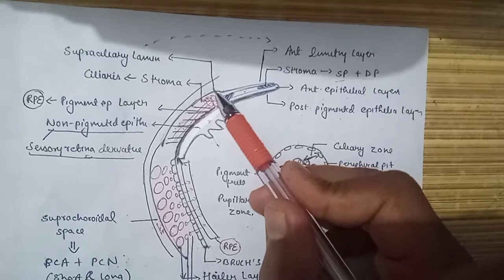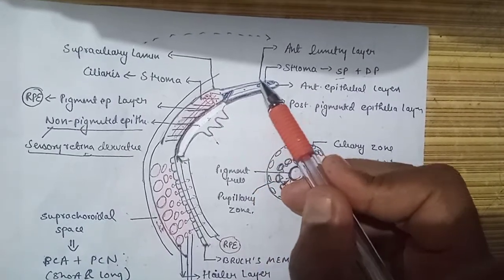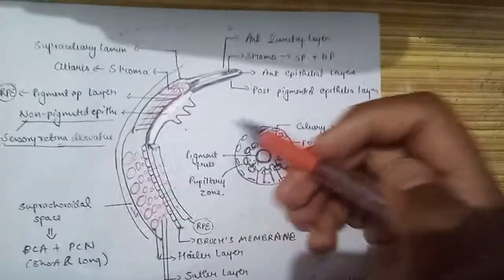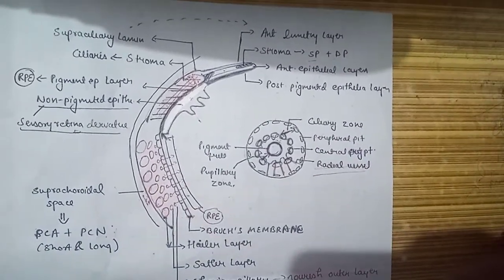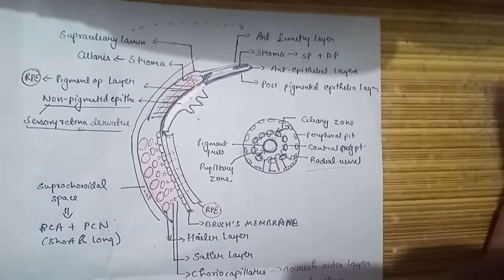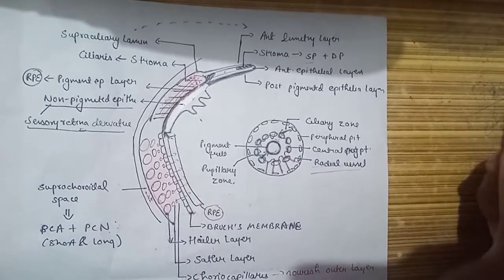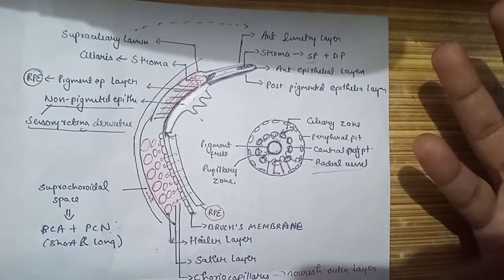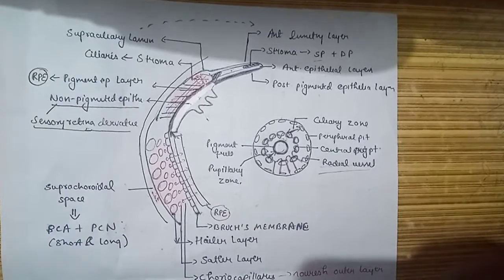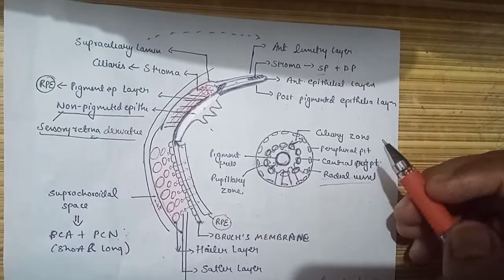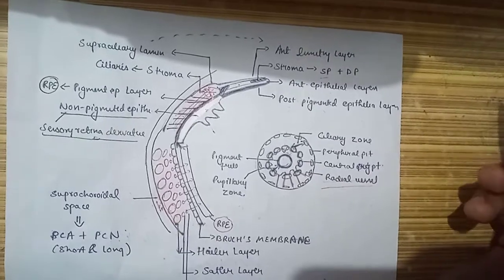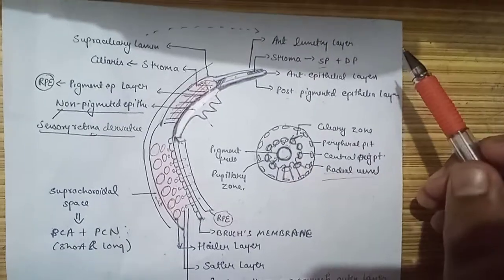The supraciliary lamina continues forward, forming the anterior limiting layer. Now this anterior limiting layer contains fibroblasts and pigment cells, and this decides the color of the iris. Meaning if this layer is thickened, it will result in a dark iris, and if this layer is thin, there will be a blue iris. It also depends on the amount of pigment.